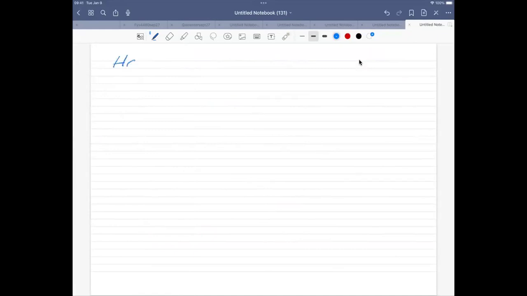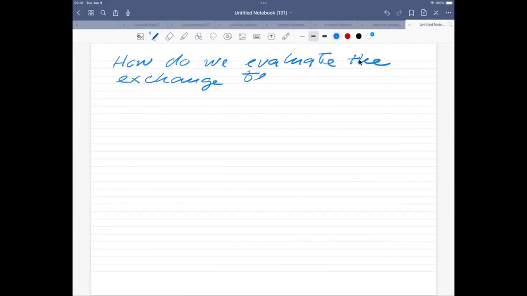So how do we evaluate the exchange term? One trick is to introduce a convergence factor.